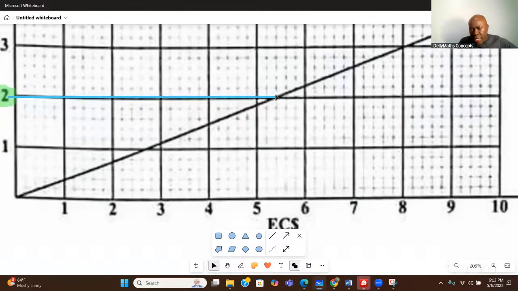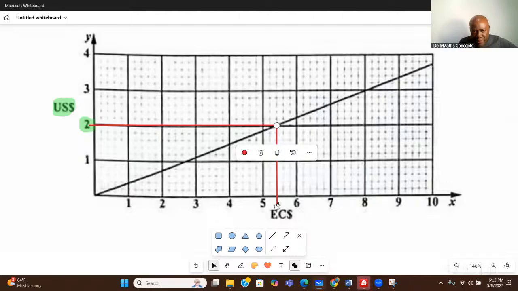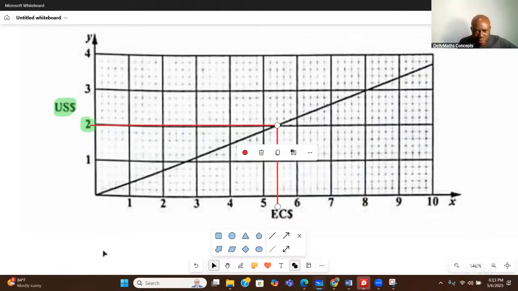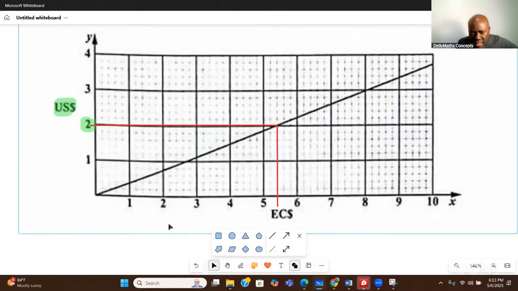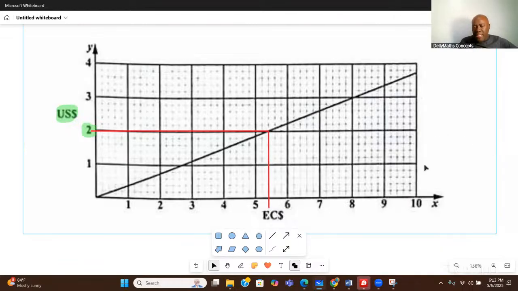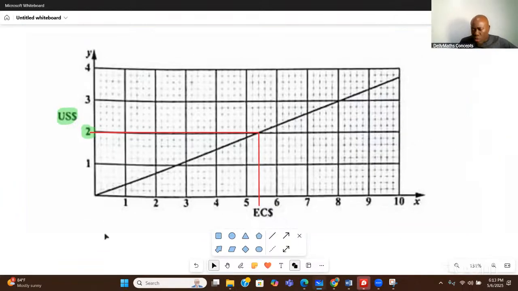So right now it's looking like this is where I'm seeing it. I blow it up a little bigger and then you're going to bring this down here. You're going to try to read off that. I think the diagram was not done properly, not 100% nice, but we could see where it is. So we're going to read off EC, whatever we get is going to be our answer.